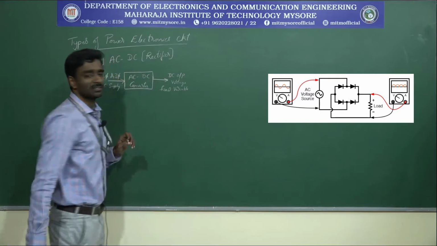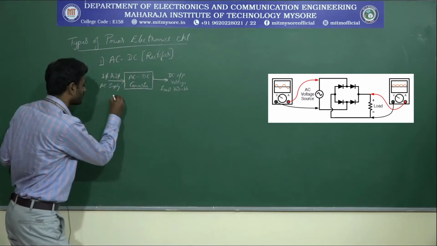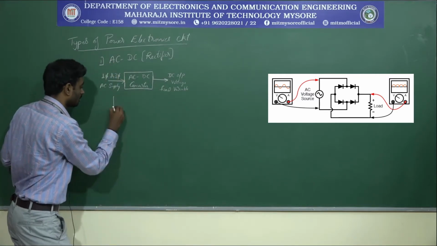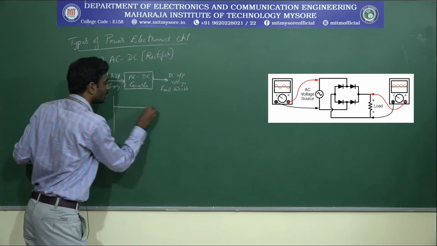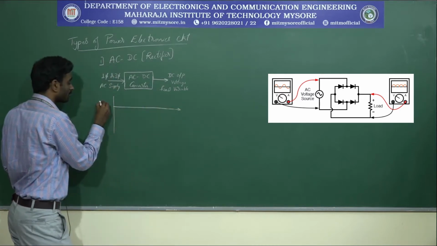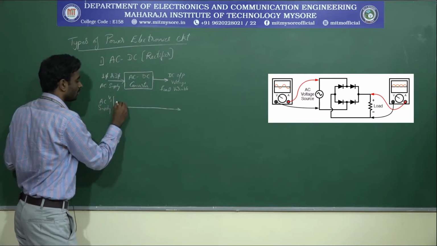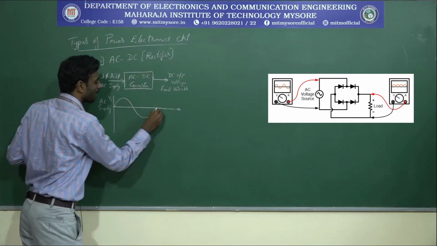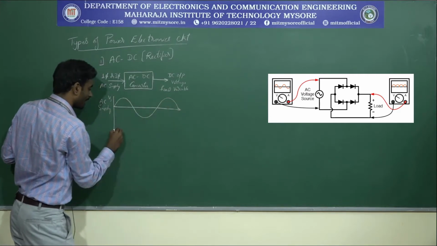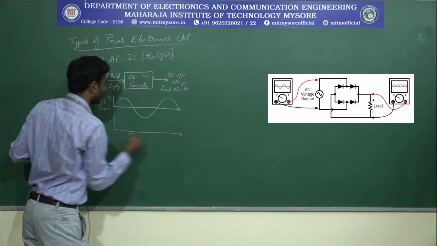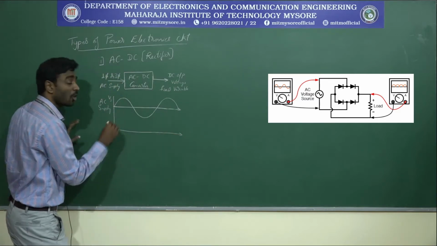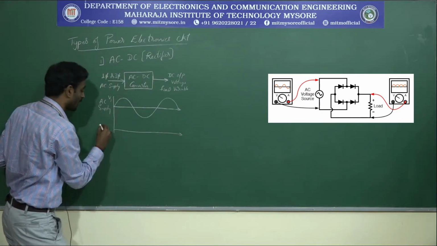So if you consider the waveform of this particular output, I will take the AC source or AC supply as the input, that will be Vs. I should get the appropriate value at the output, where the output will be a DC value here.